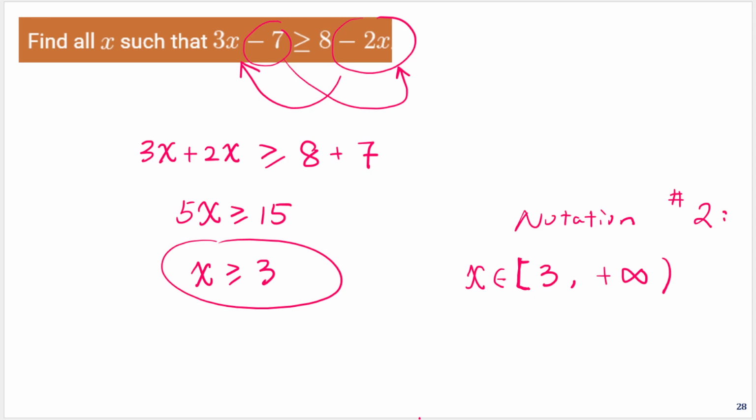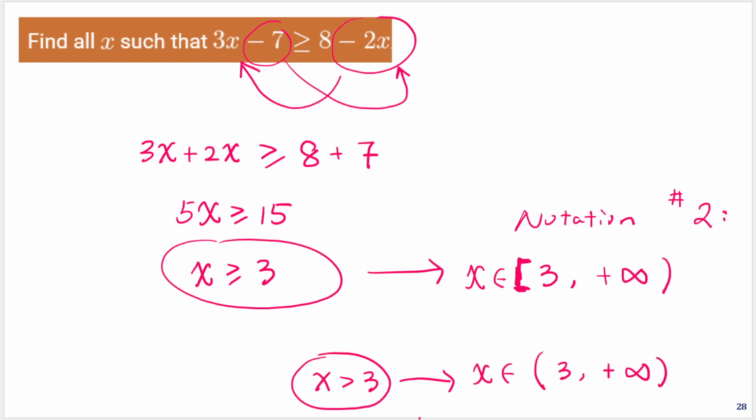Or if you want to denote strictly greater than, for example, if you have x is greater than 3, that means x belongs to an interval from 3 to positive infinity. Be careful with the square parentheses here and the round parentheses. They are actually the same. You can choose either one to use, all right?